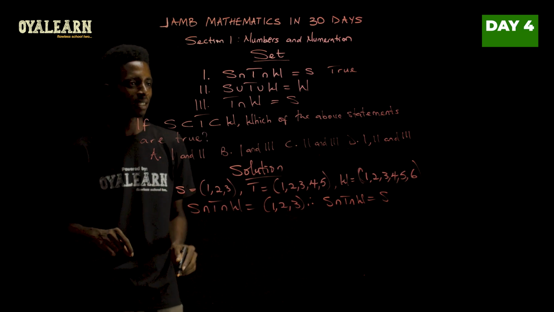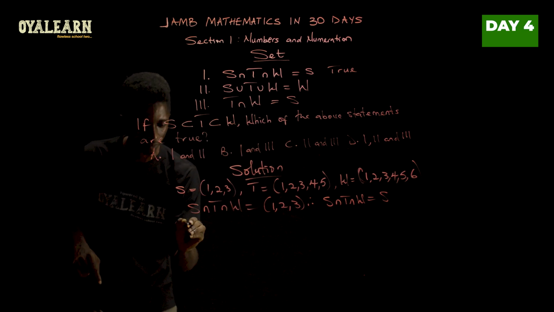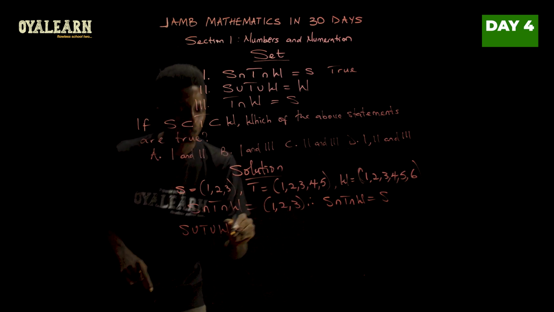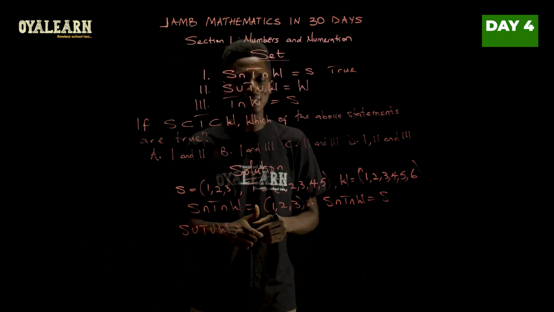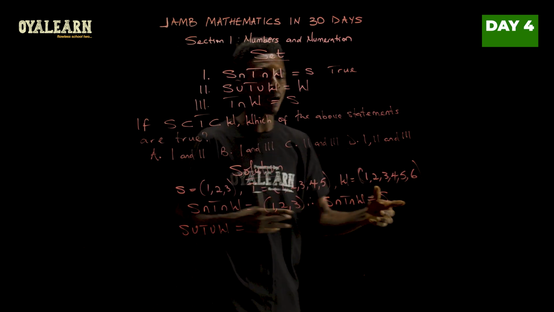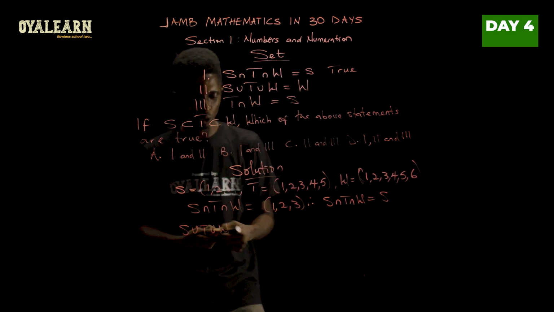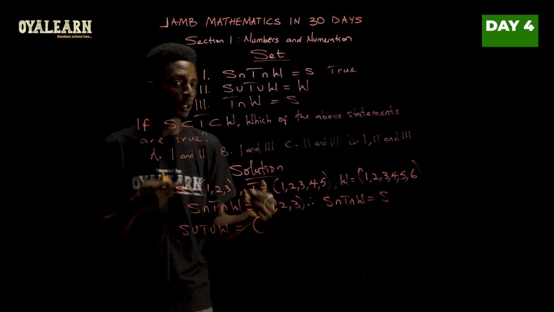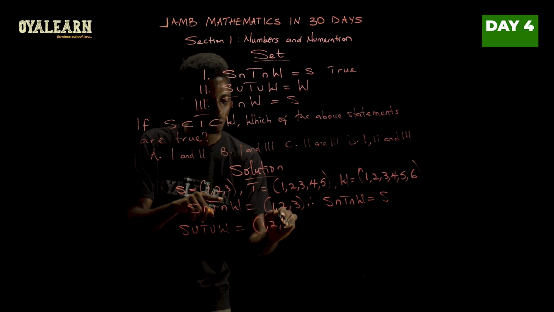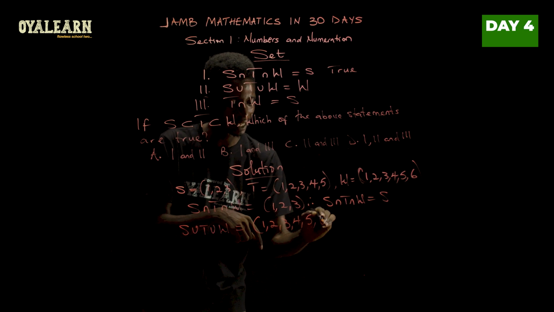Now the second statement, S union T union W. Now recall that in sets we do not repeat numbers. So when we consider S, T, and W and we combine all their elements together, what are we going to have? So remember, we do not repeat elements. So we'll have 1, 2, 3, then 4, 5, and 6.